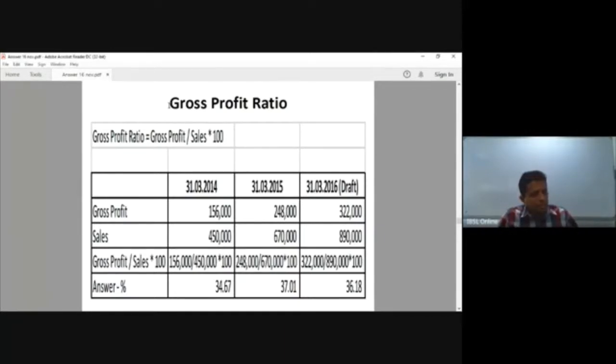I have nothing more to explain about how to calculate the gross profit ratio here. We'll use the interpretation part at a later stage when we are commenting, but here also we can say the same ratio is being maintained by the client.